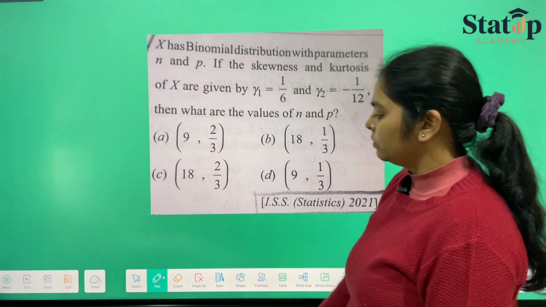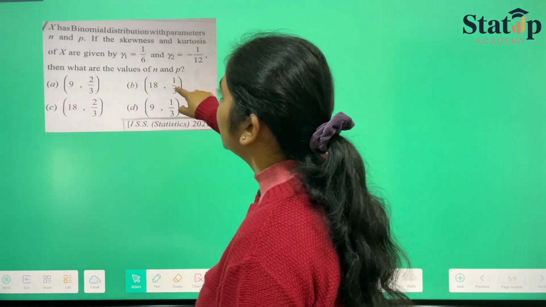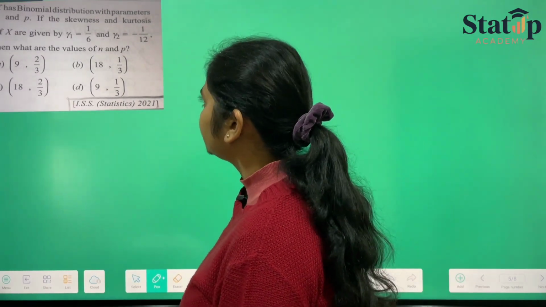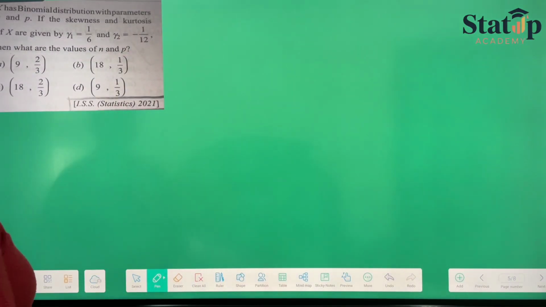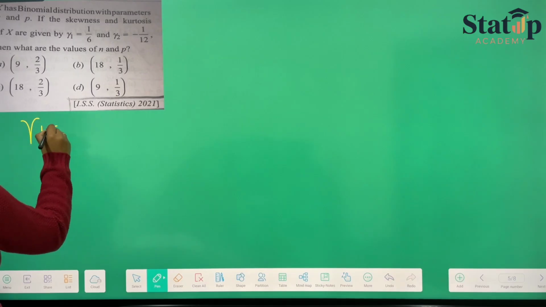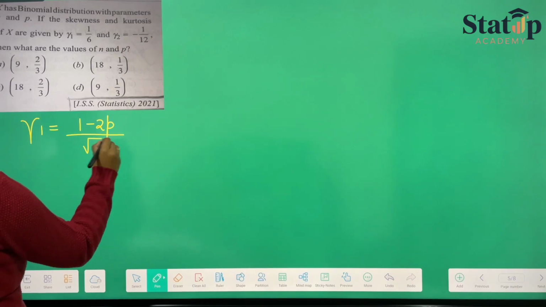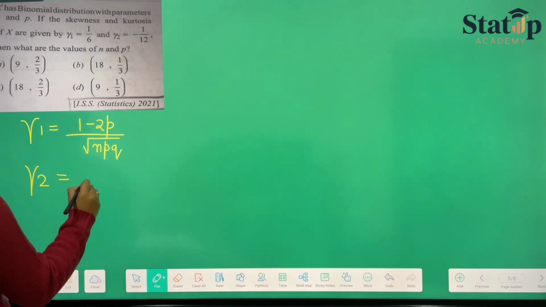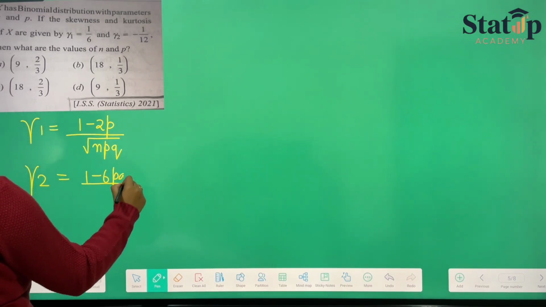Now moving forward to one of the PYQs that they have asked in 2021. Here they have given us the coefficient of skewness and kurtosis for calculation. Now the coefficient of skewness, gamma 1, is given by 1 minus 2p upon under root npq, and coefficient of kurtosis is given by 1 minus 6pq upon npq.